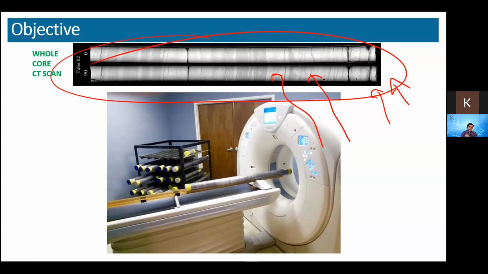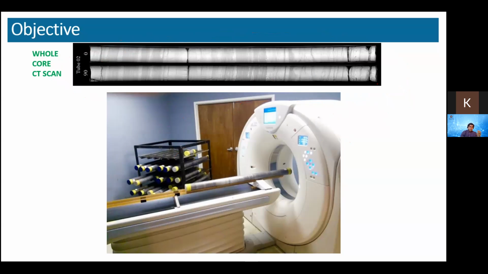Anywhere you see the darker colors is where you have more density. So this is the whole core CT scan. What you see here is two different angles. We measured the whole core at 0 degrees and then we turned it. So these are the azimuths. We perform CT scan at 0 degrees and 90 degrees, and that's what you see here.